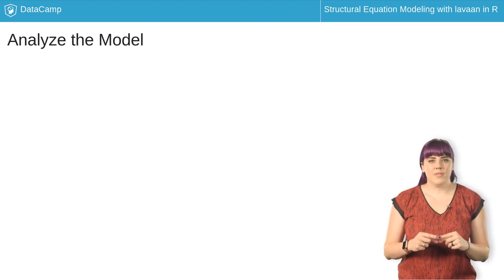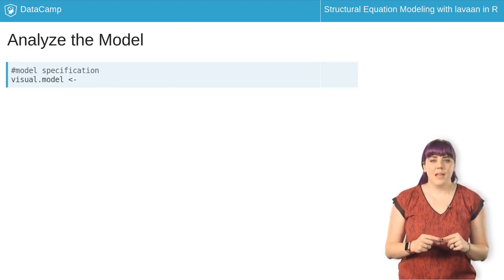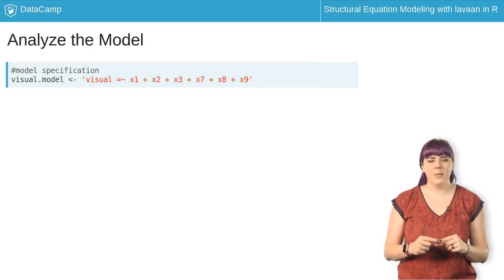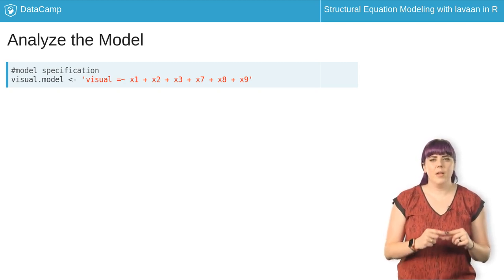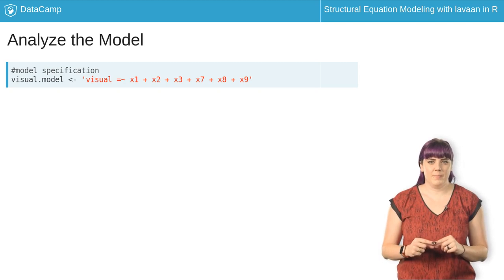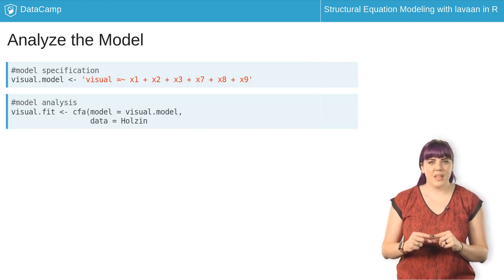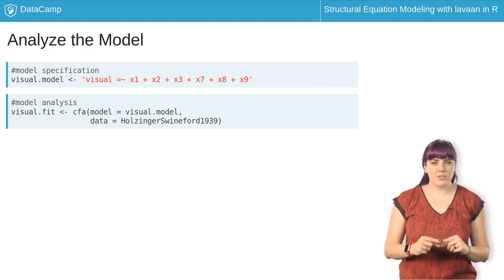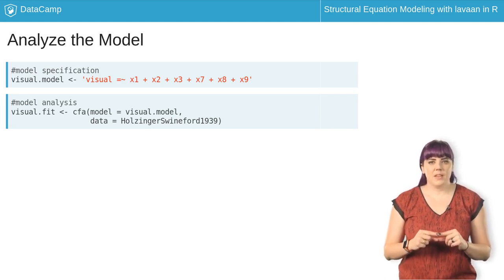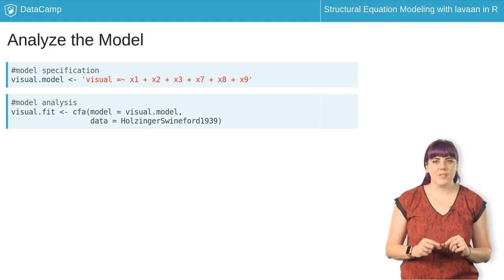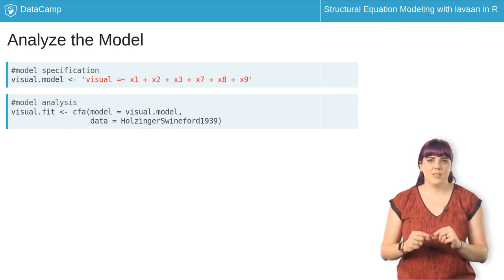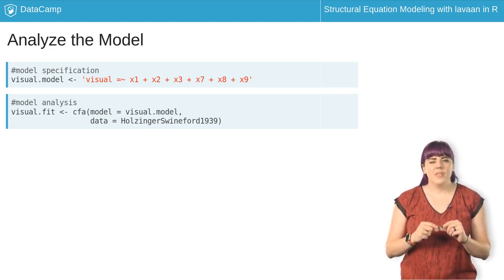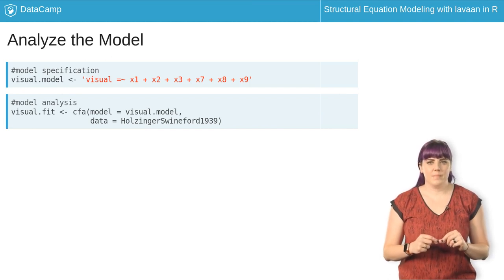Now you will run and fit your model. You need to name the fitted model, and I'd recommend using fit in the name to help separate the fitted model from the model specification. Next, we use the CFA function. The CFA function runs a confirmatory factor analysis that examines how well the manifest variables represent the latent variables. This function takes 2 arguments.